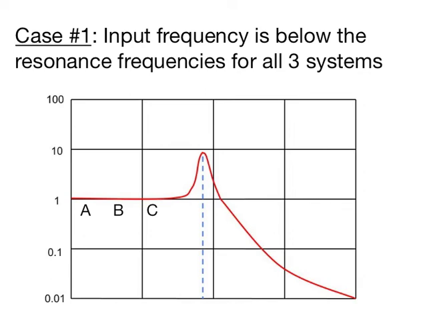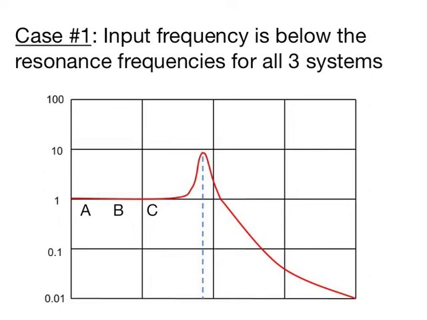So here's our first case, and that is the input frequency is below the resonant frequency of each of the three systems. The letters A, B, and C here indicate the frequency of the input relative to the resonance for that particular system.